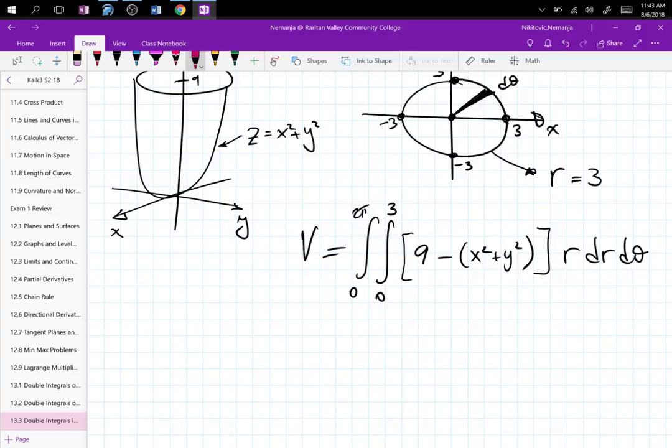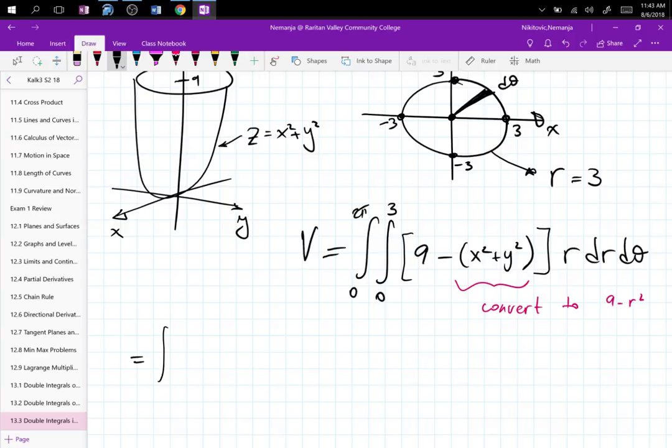We have to convert this, and that is equal to 9 minus r squared, because x squared plus y squared is equal to r squared. That's the conversion that you learn in polar coordinates in Calc 2.